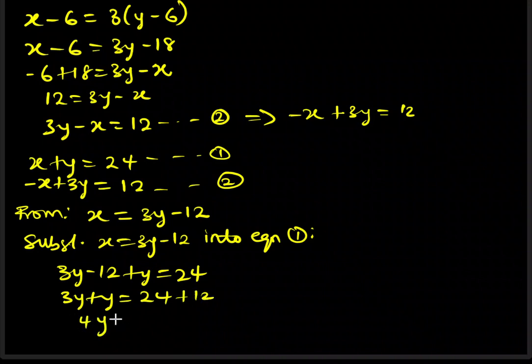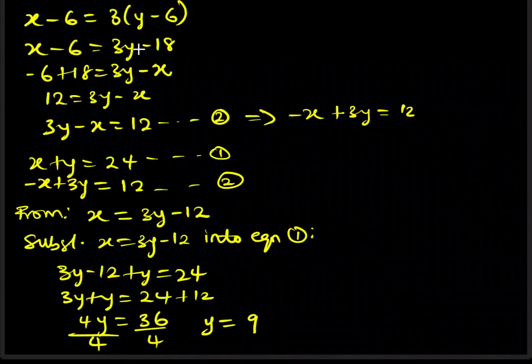So 4y equal to what? Equal to 36, all over 4 and all over 4. So we have that our y is equal to 9. Right, so let's solve to get our x using equation 3, the formula.